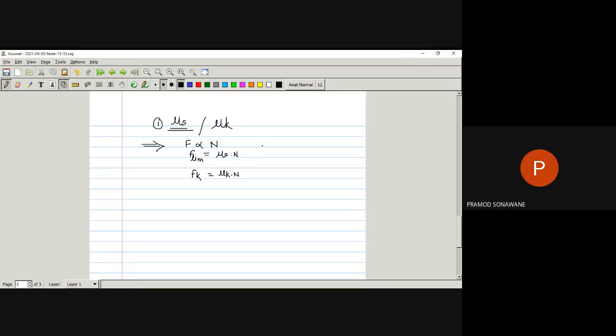Okay, so your F is directly proportional to N. So F limiting is mu s into N and F k is mu k into N. Now you know that your F limiting is the maximum frictional force or maximum resistance force. Means obviously your F limiting is more than your Fk value.